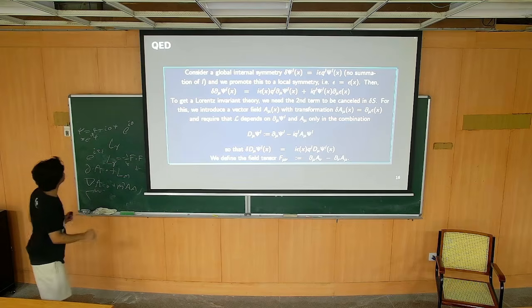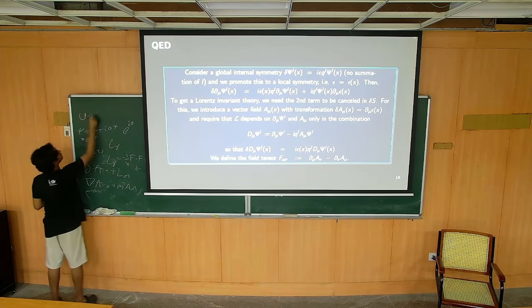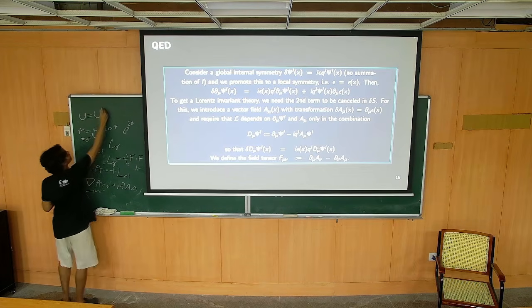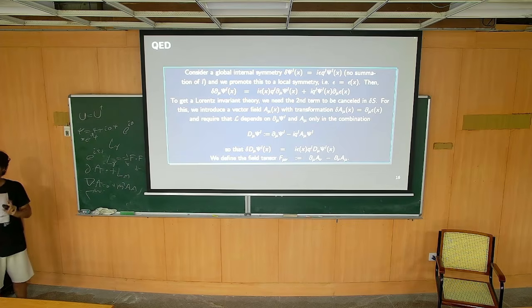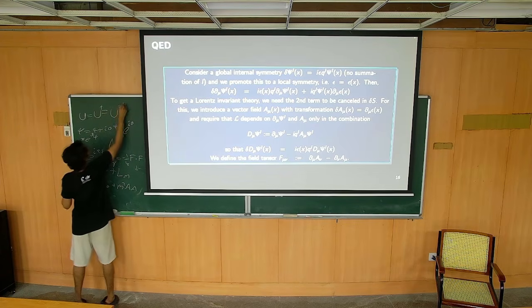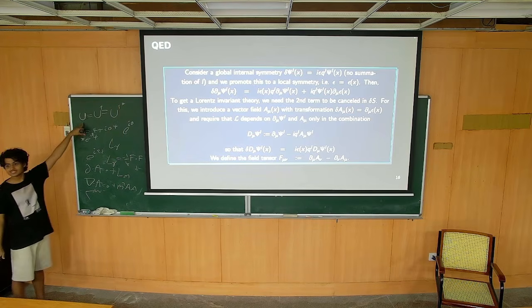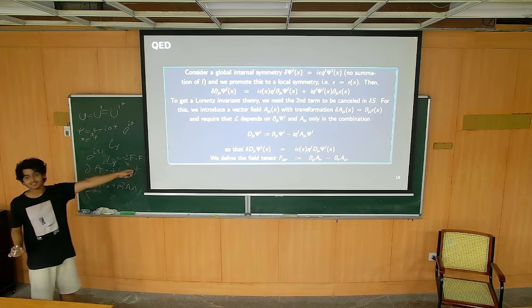U is called a unitary matrix if U U dagger equals the identity, where dagger is the transpose of the complex conjugate. If this is equal, then we say U is unitary. So this is what we call a U(1) Lie group.